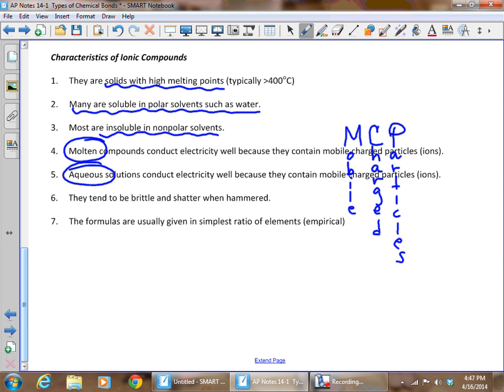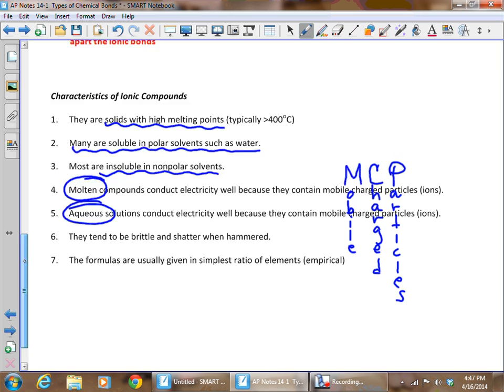It's because they have not just the charged particles, but they're able to move. So you have to remember that ionic compound solids do not conduct electricity, but if they're molten or aqueous, they do. They tend to be brittle and shatter when they're hammered.